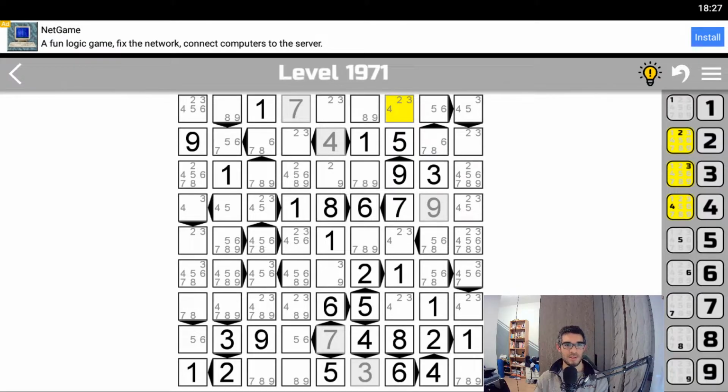So can I progress any further by having guessed this 8 right there? 6. This is a 4. So I'm trying to see here if this actually helped me somehow. Because if it didn't, then I'm going to just have another guess in another part of the map.